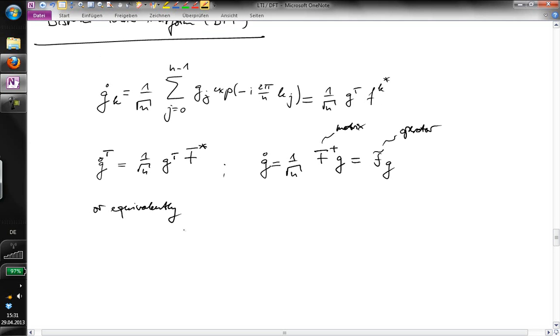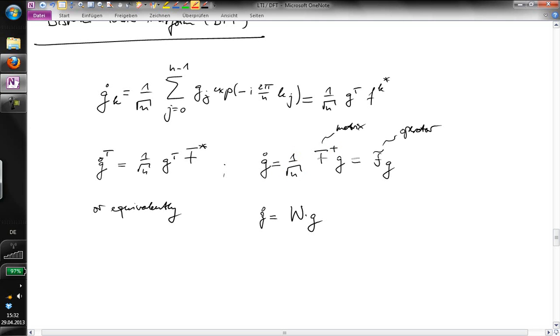Sometimes this is written in a different way, namely in terms of a matrix W times G, just to get rid of these extra symbols. So we have the normalizing factor here and the complex conjugation and transpose.